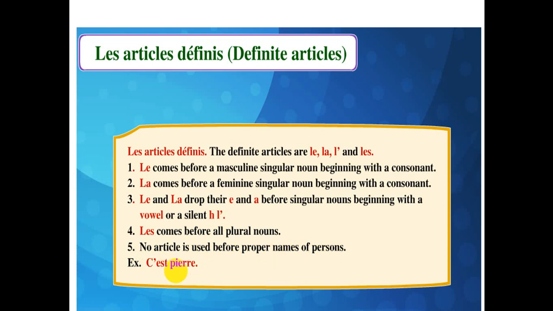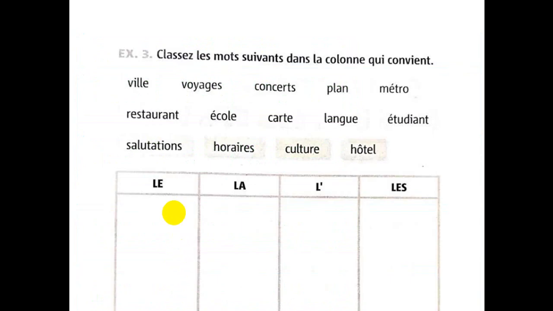Now, let's learn how we can use it. As you can see in this slide, we have an exercise in which you have to segregate the given nouns according to their gender and write them in the respective columns. First of all, I'll tell you the word pronunciation.